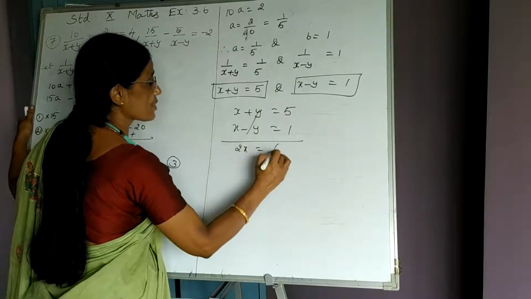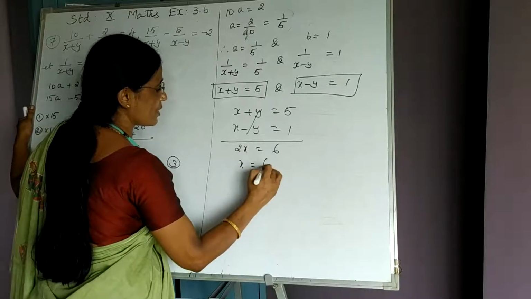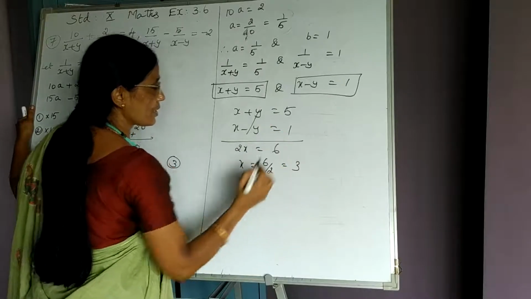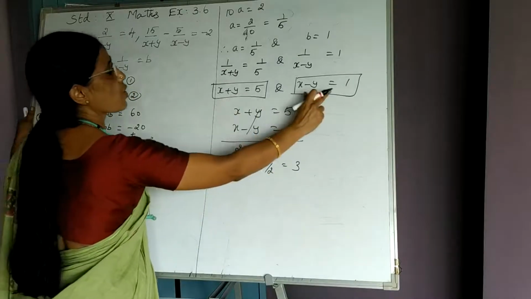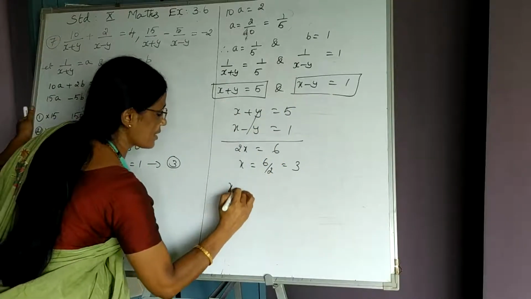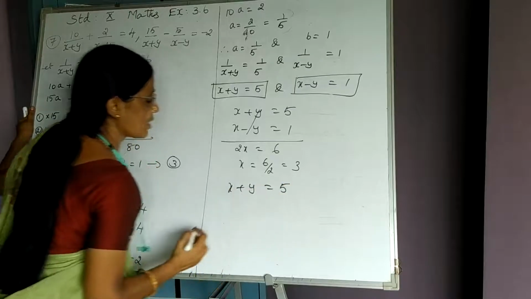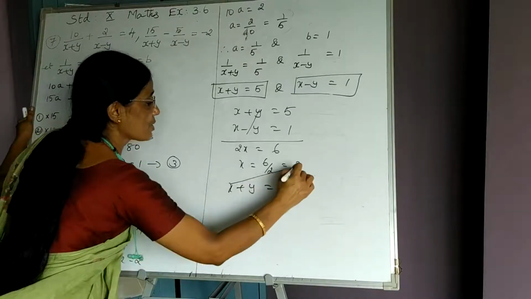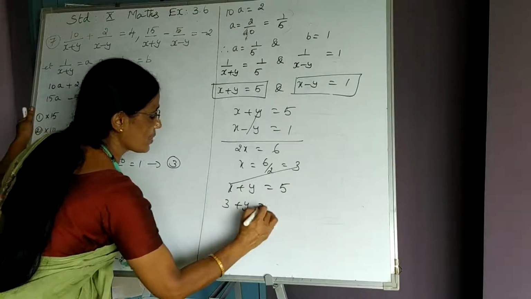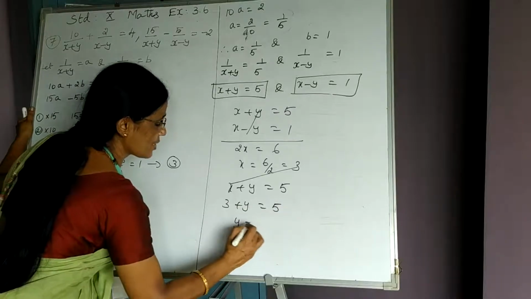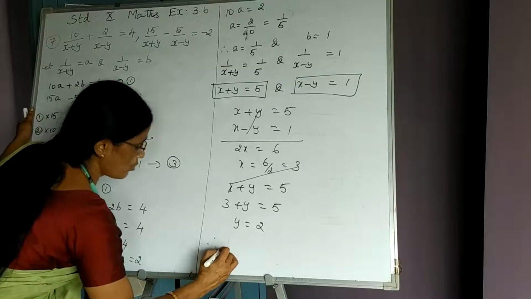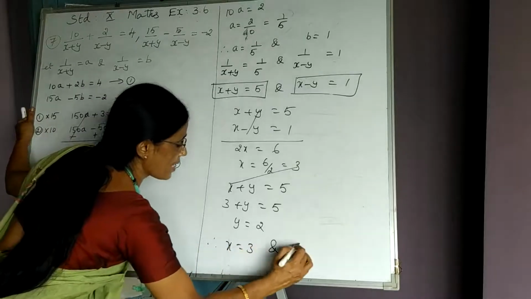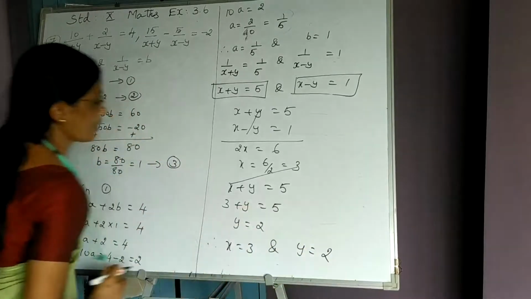We get 2x equal to 6. x is equal to 6 upon 2, which is 3. This 3 can be substituted either in this equation or in this equation. So I take the first one, x plus y is equal to 5. x value is 3. Substituting, 3 plus y is equal to 5. y is equal to 5 minus 3, which is 2. Therefore, value of x is 3 and y is equal to 2.